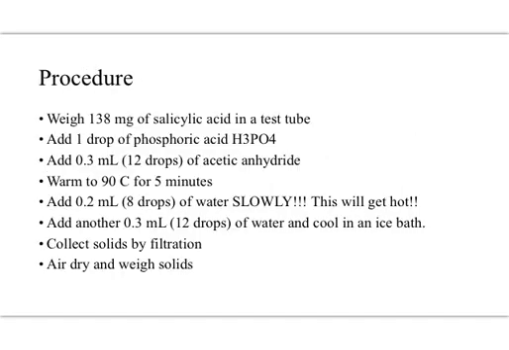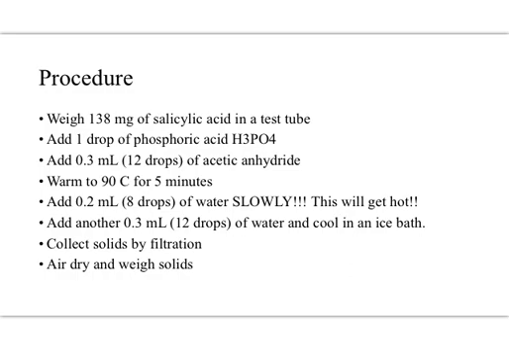Okay, our procedure: we are going to weigh out 138 milligrams. When you come in, that should be the first thing you do. You're going to weigh it out directly into the test tube. Transferring small amounts of material, we always wind up losing material. If you put it right into the vessel that you're going to do the reaction in, there'll be no loss of that material.